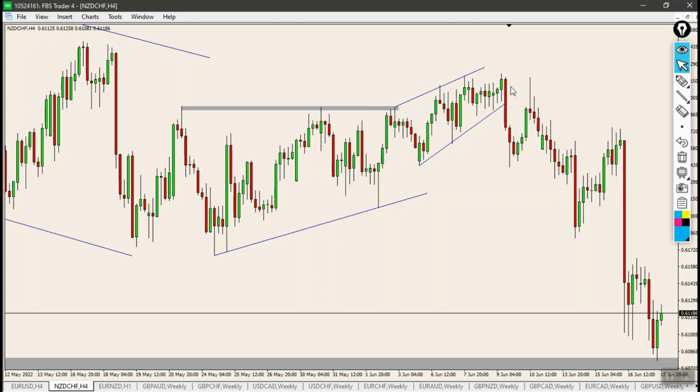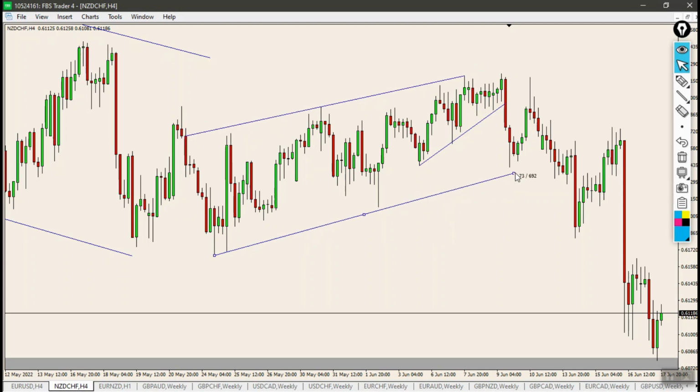maybe a rising wedge, right? So maybe we could perhaps evolve it into something like this. Instead of the previous setup, we have something like so and something like so, right?